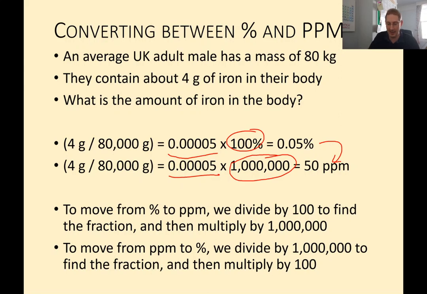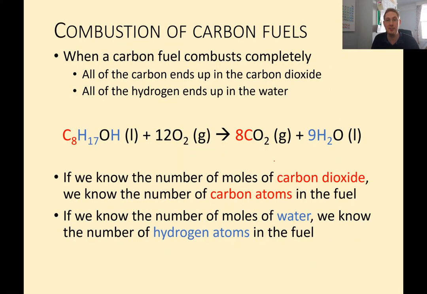And to go the other way, from parts per million to percent, we divide by 1,000,000 to find the fraction, and then we times by 100 to find the number that there would be in 100. So actually it's very straightforward. If you just understand, we find the fraction and then we multiply by 100 to find the number in 100, or we multiply by 1,000,000 to find the number in 1,000,000.